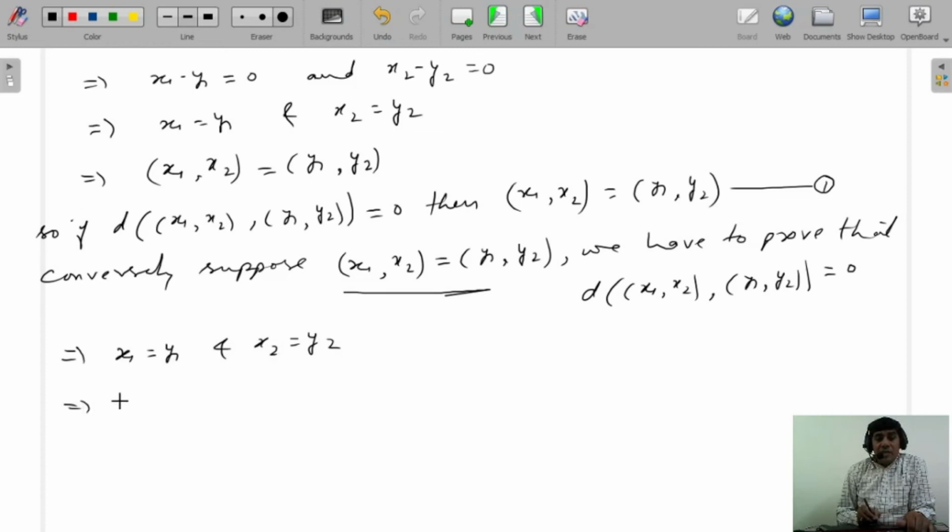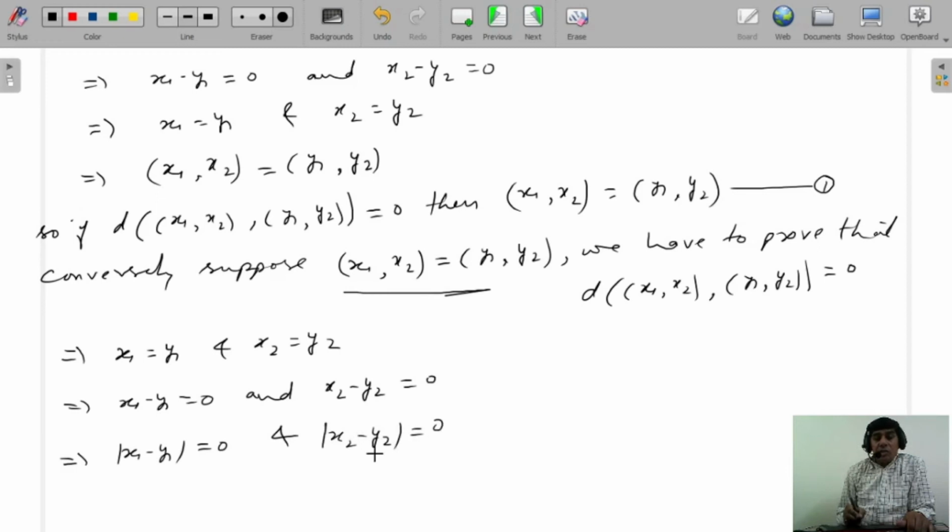This implies x1 minus y1 is equal to 0 and x2 minus y2 is also equal to 0. This implies modulus of x1 minus y1 is equal to 0 and modulus of x2 minus y2 is also equal to 0.